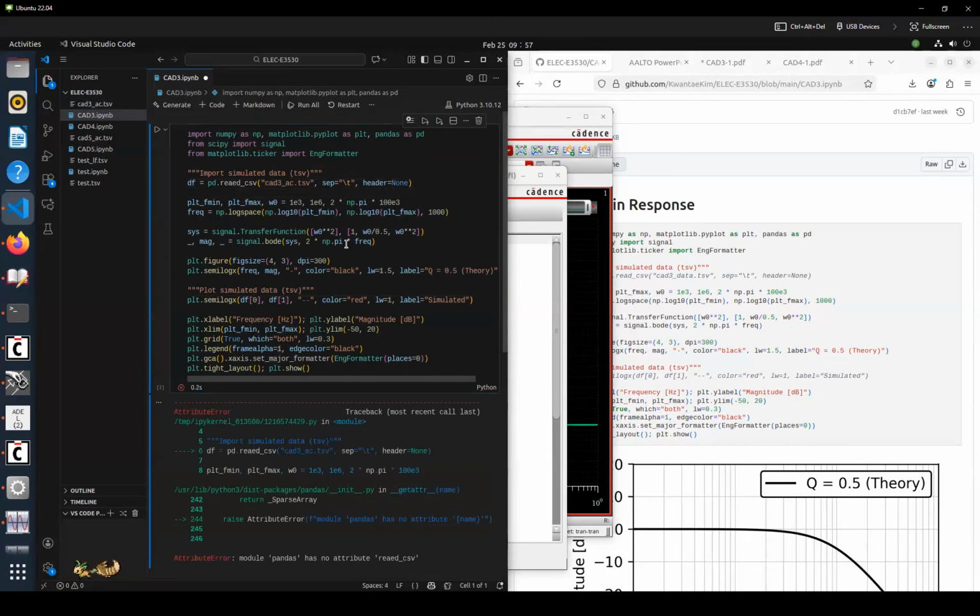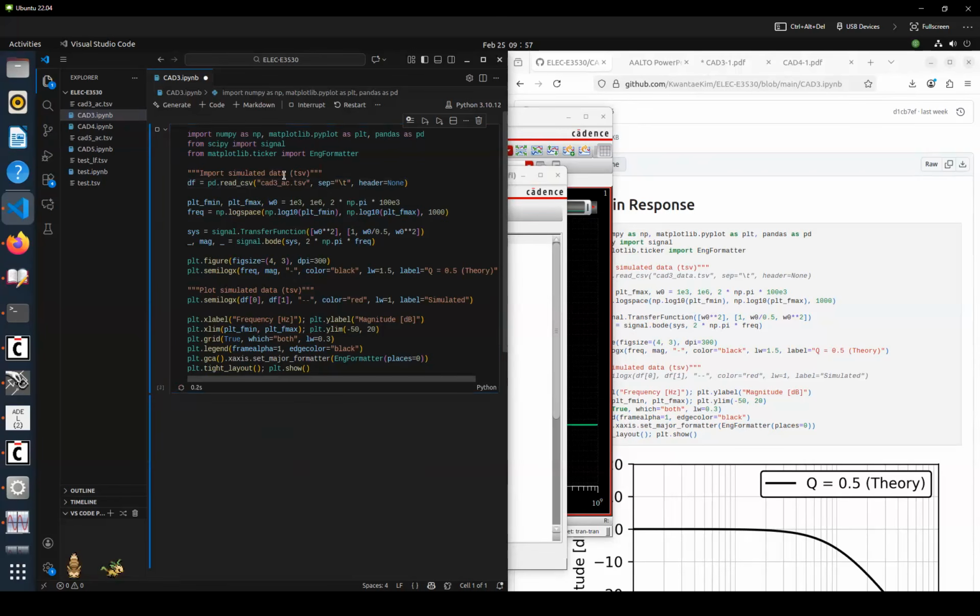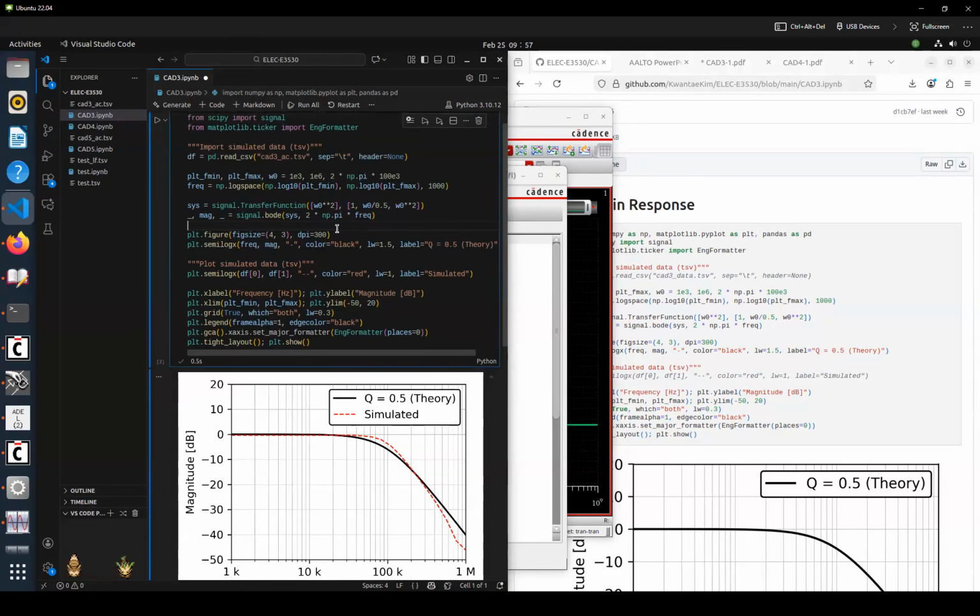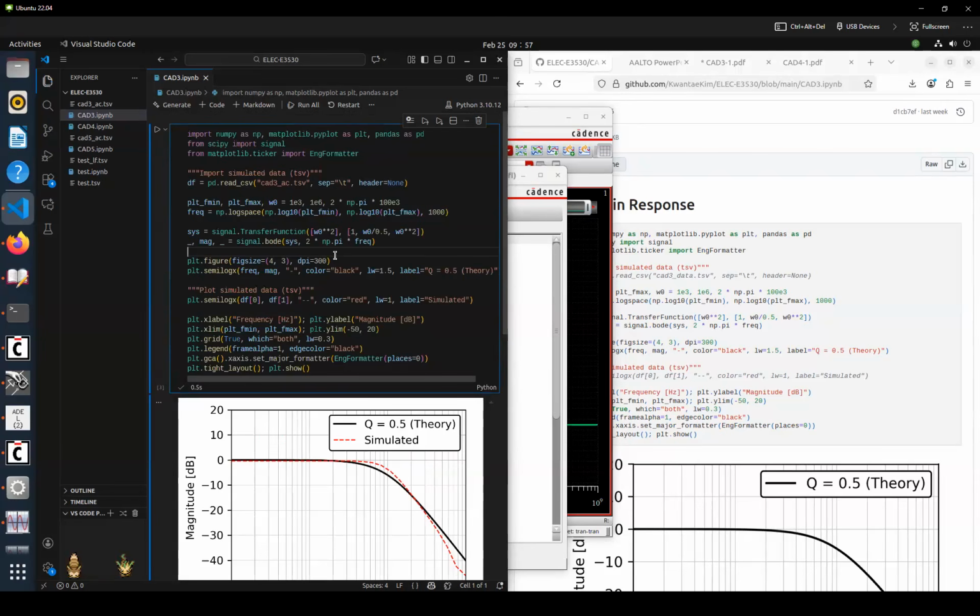Let's run the simulation. What is happening? Oh, there was a mistake. Read. Okay, good. And we need to run the simulation for the Q factor equal to 1 over square root 2. So let me see, where is it? Q factor.